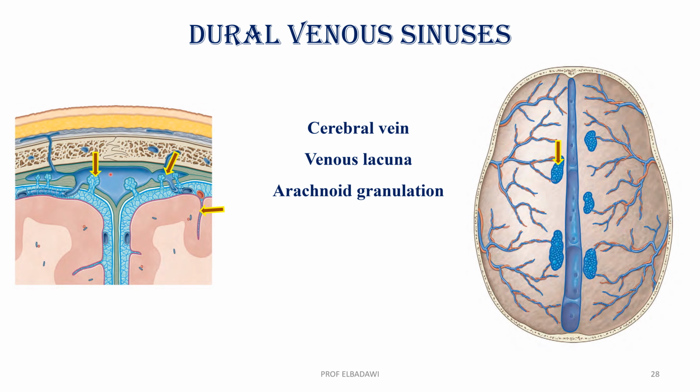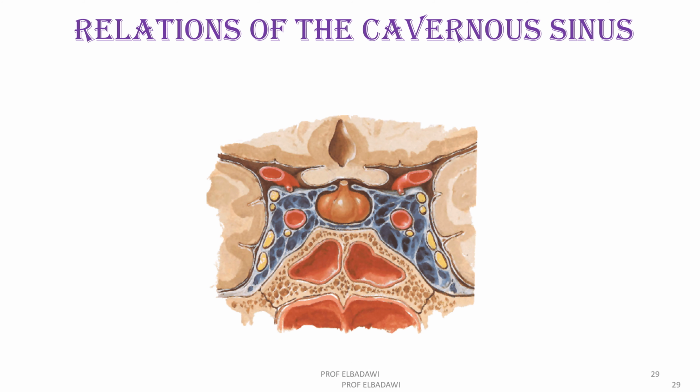And the arachnoid granulations here and here. This is the superior sagittal sinus, as we said, running from the anterior part at the frontal crest down to the internal occipital protuberance. And this is the emissary vein which we have seen.